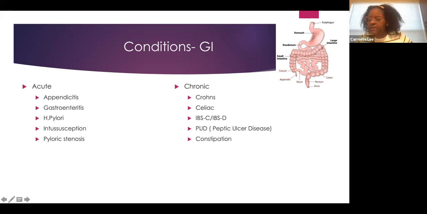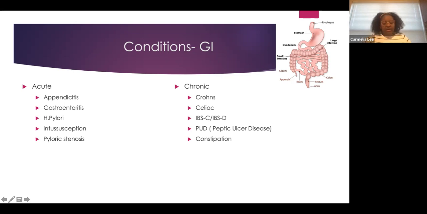In the younger babies, you're going to see pyloric stenosis, and that again is an acute problem. That's often vomiting without bile. Often it happens in newborns. It affects right now 2 to 3 infants out of 1,000, and it's a progressive worsening of vomiting within the first few weeks of life.